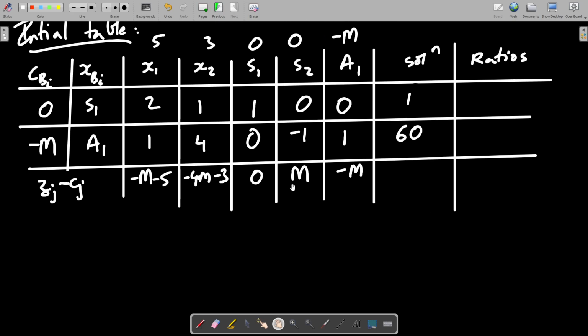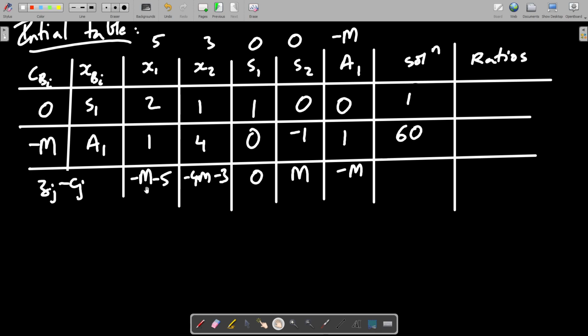So now who is the most negative entry over here? See, this is minus M minus 5. Okay, this is minus 4M minus 3. So M was a very large positive number, right?